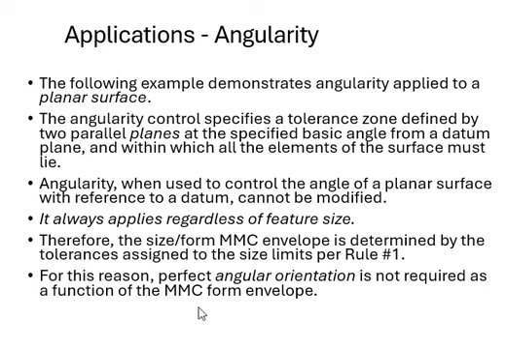You don't really need to identify the MMC stuff to control the angularity, okay? Because it doesn't really matter what the feature size is. That's all it said. I want you to take it the way I tell you, and don't go too much into here, and then you can't reproduce it when you write it. In the exam, nothing will come out of it.